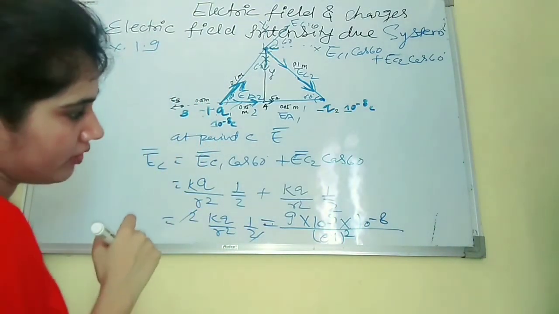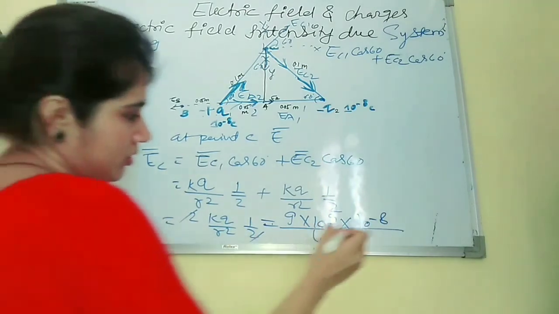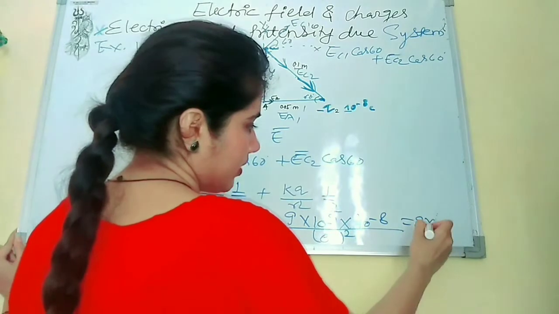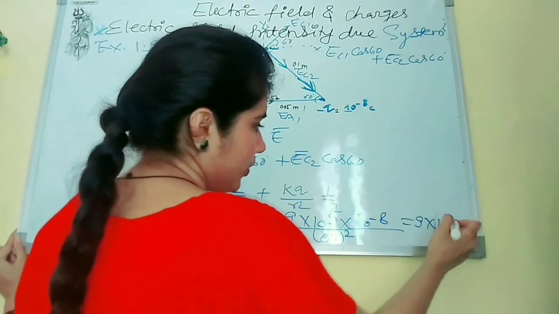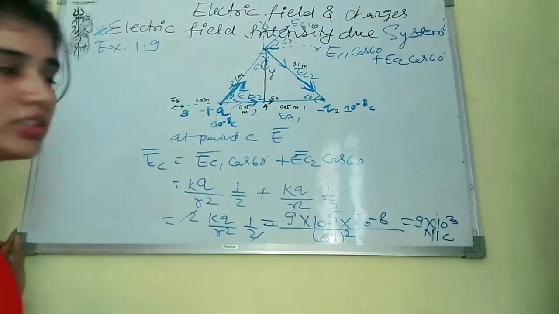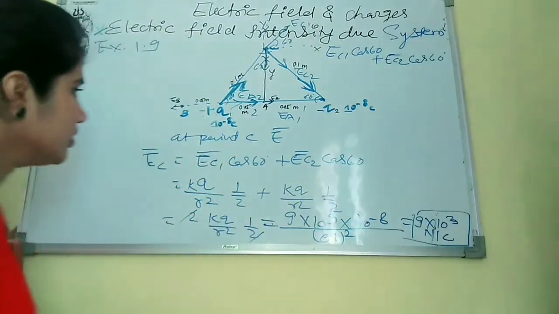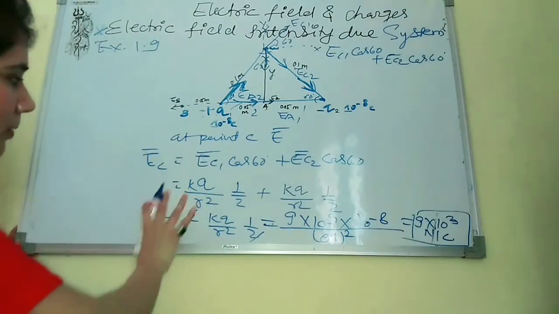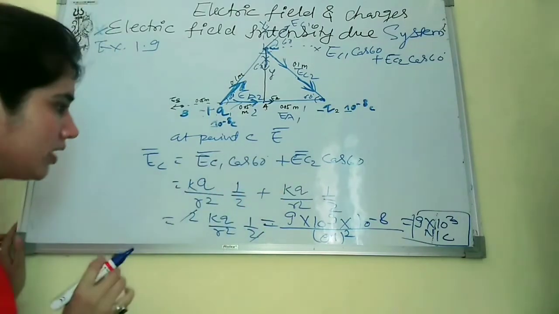So you will get the value, I think 9 into 10 to the power 2 or 3 Newton per coulomb. Just do the calculation and check whether the answer is correct or not. So this is the electric field intensity at all the points.